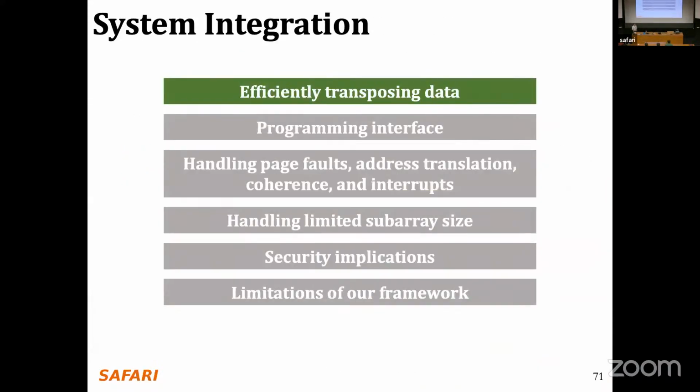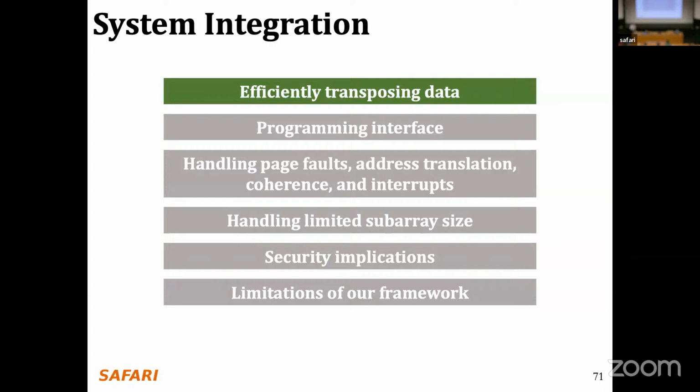So for all of this to work in a system, many things need to happen. The first problem: originally the data is horizontally placed, and now I'm asking you to transpose this data, for example. You also need a programmer interface so that I can go from my application using that new instruction and trigger my hardware device. I need to handle many system problems. What would happen if I have a page fault?